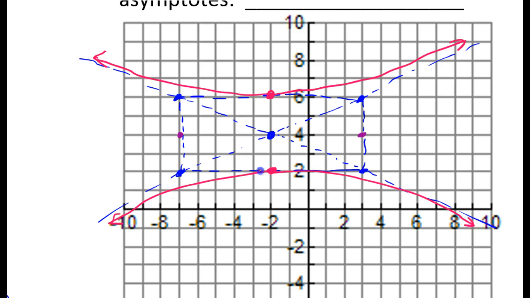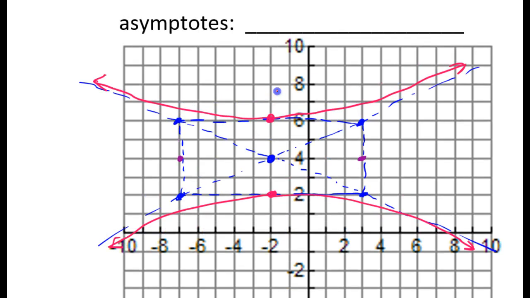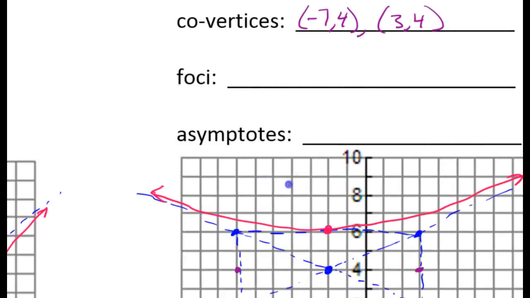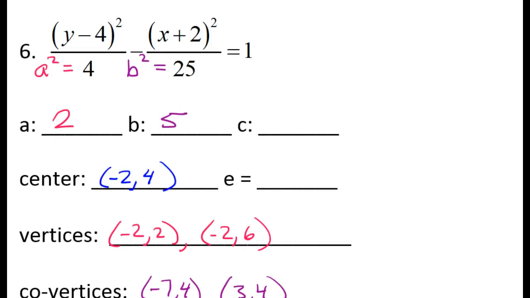Okay, so this is what your hyperbola should look like. We're going to need the c value to locate the foci, which should be in the interior of each branch. So for the c value, remember that c squared is equal to a squared plus b squared for hyperbolas.